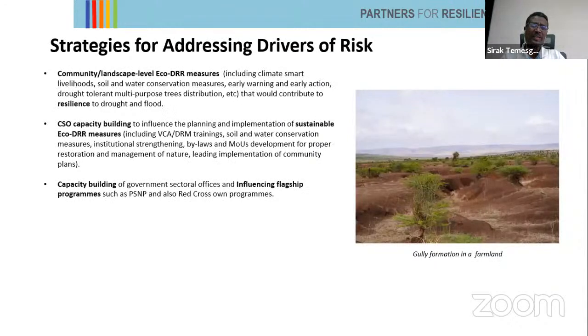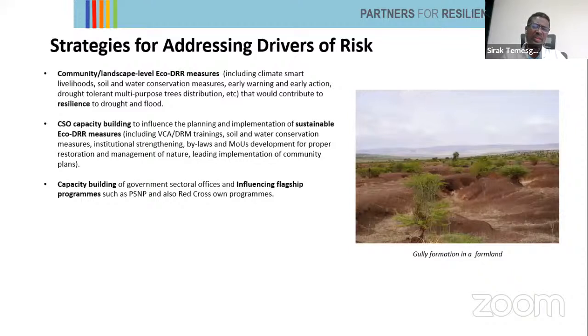To address those risk drivers, we tried to see how best we can contribute, and as the other colleague has already mentioned, we followed 3 critical strategies.